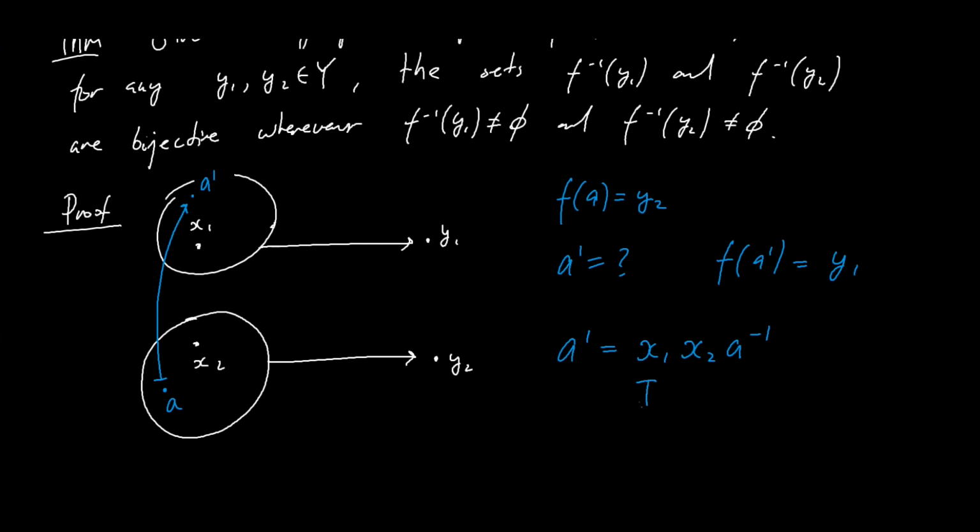So F will map this thing to: X1 maps to Y1, X2 maps to Y2, and A maps to Y2 as well, and A inverse will map to Y2 inverse then, right?